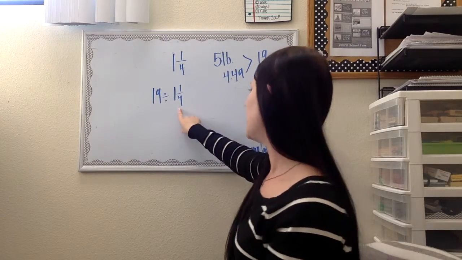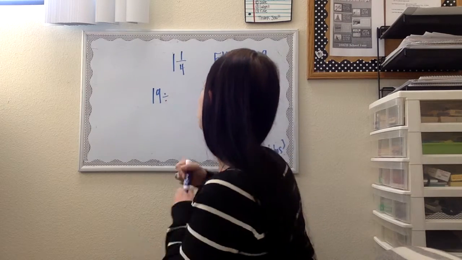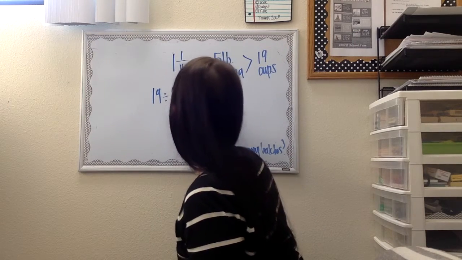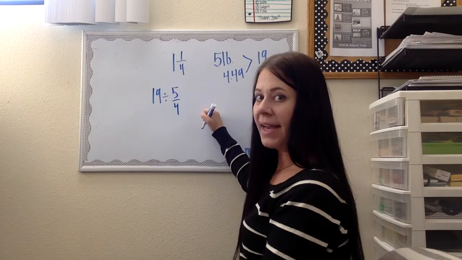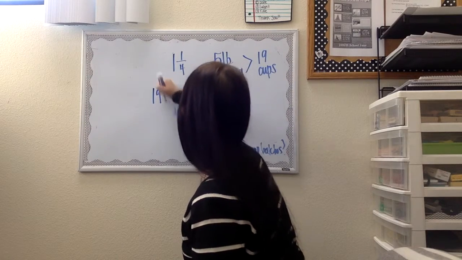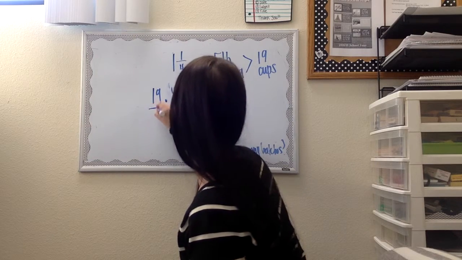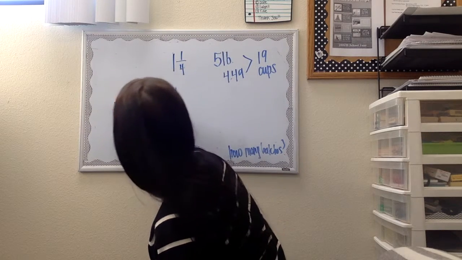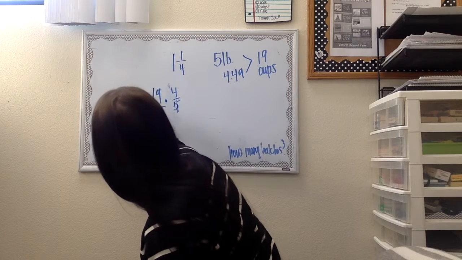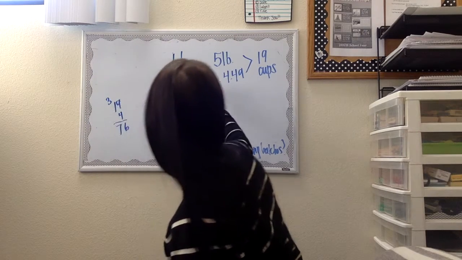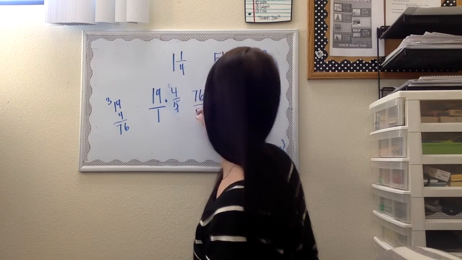So I'm going to do 1 times 4, that's 4, plus 1 is 5, so 5/4. And to divide, I have to flip and multiply, so times 4 over 5. So I'm going to do 19 times 4, which is 76 over 5.